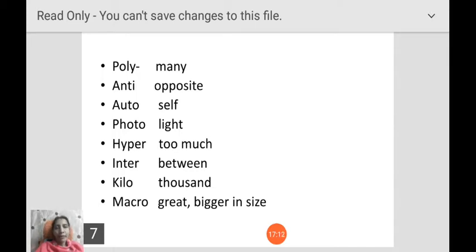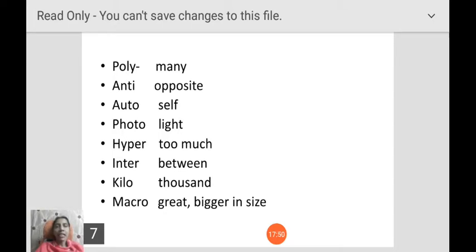Poly means many. Polytechnics are technical institutions that offer many technical courses, as you know, various branches in a college, like civil, mechanical, computer science, ECE, and so on. That's why it is called polytechnic. Poly means many.